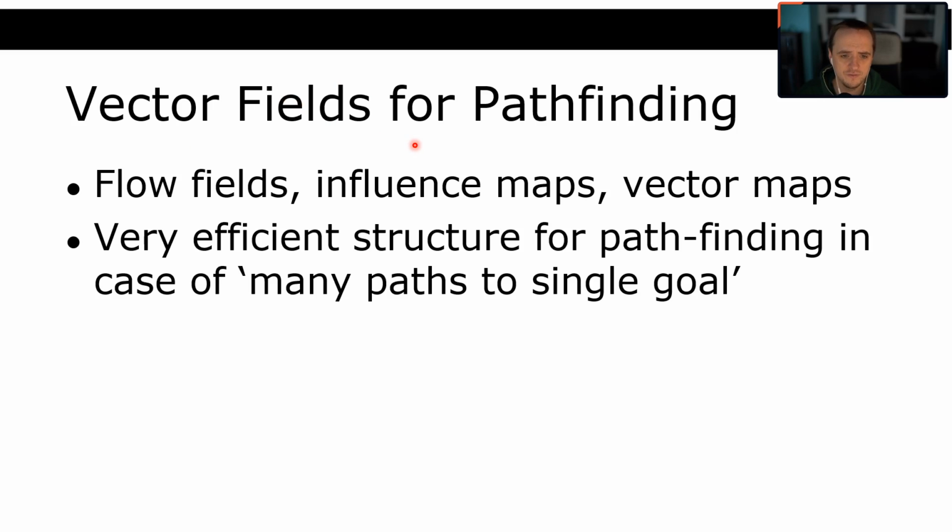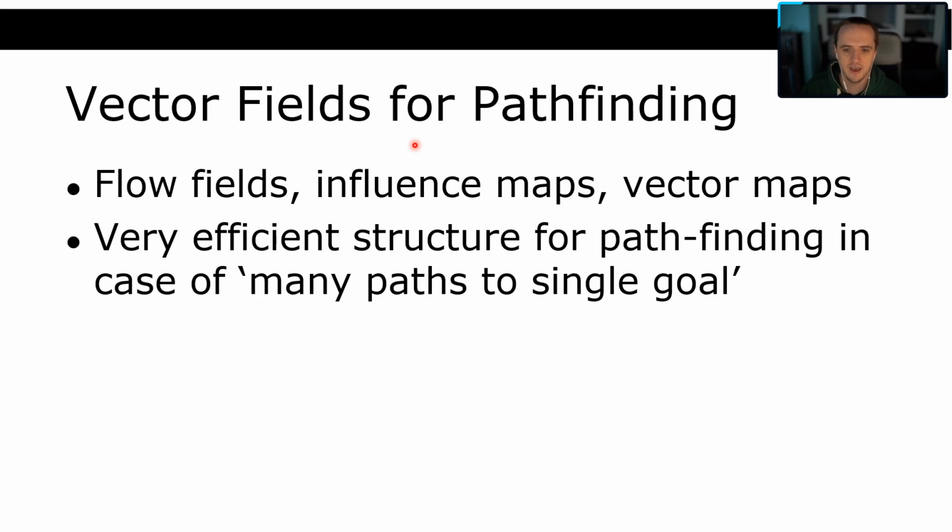They are very efficient structures for pathfinding, especially where we want to have many things pathfind to a single goal. For example, in a game like Diablo, an action RPG, or Path of Exile, typically every NPC on the map is going to be coming for the player, right?